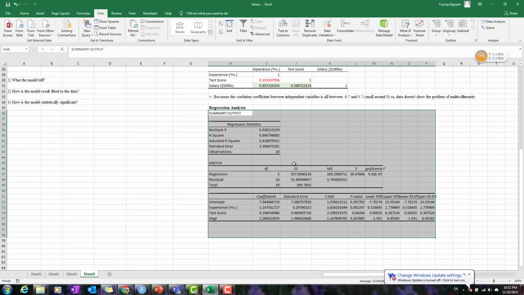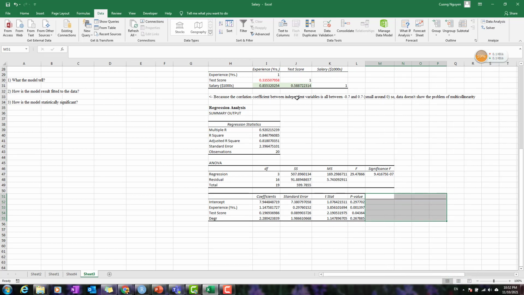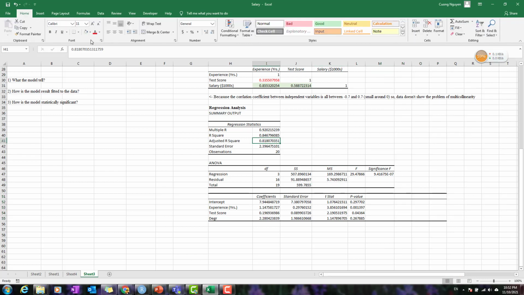Yep, this is the result of the regression model. Actually, we don't really need this one. You can clear it, or you can take a look later. The numbers that we really have to care about are, first of all, this one, adjusted R squared.